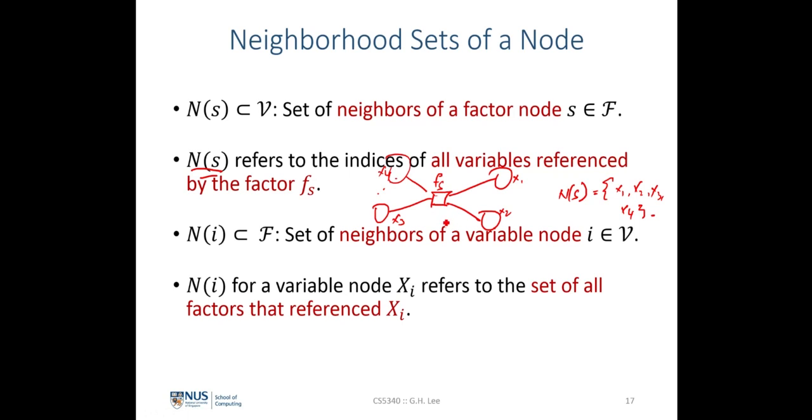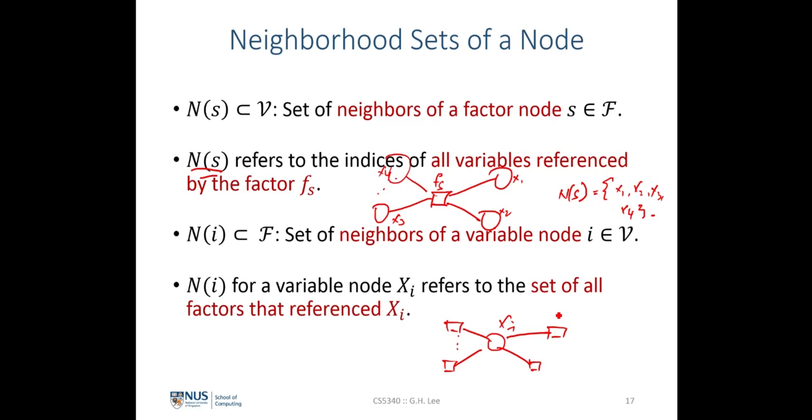Another definition that we need to make would be ni. This is defined as the set of neighbors of a variable node, in the set of all the random variable nodes V. An example here would be, given a random variable node xi, ni would refer to all the factor nodes that are directly connected to the random variable xi.